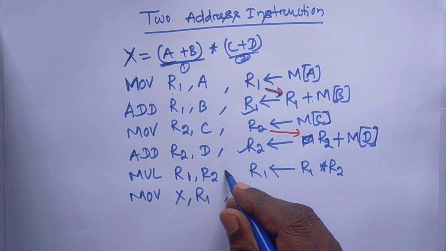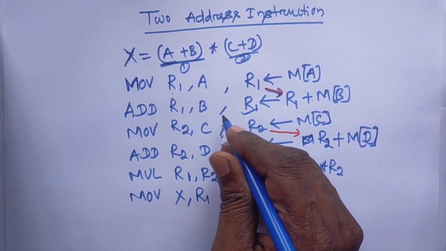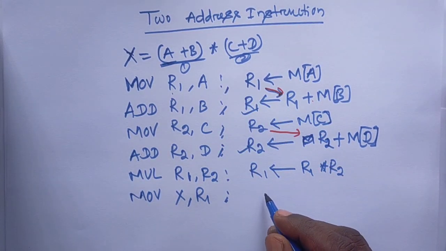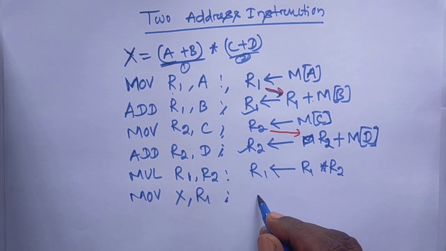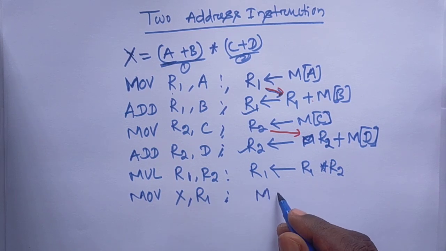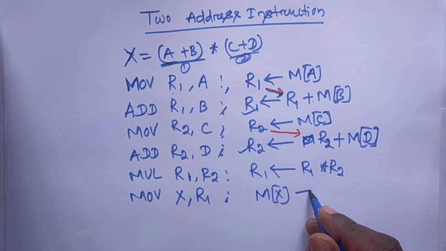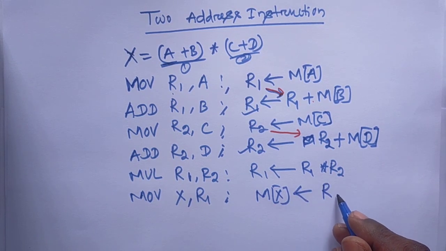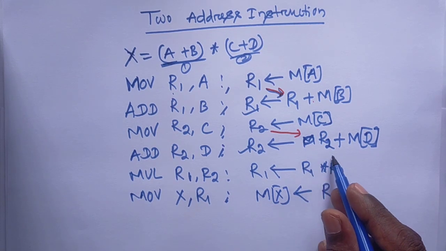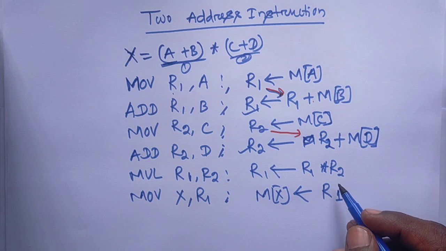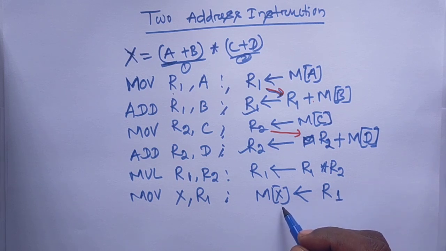How to define it? The content of R1 is transferred to X, memory X. That means R1, which holds the product of R1 and R2, is transferred to M[X].